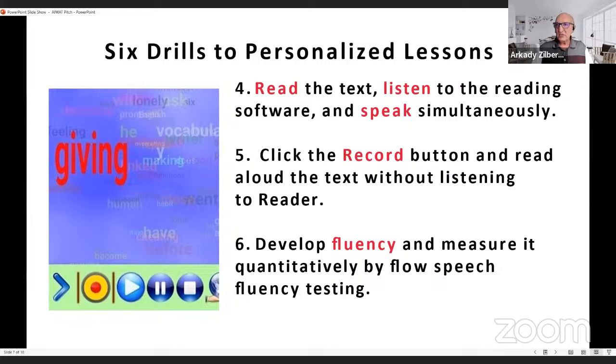The advantage of flow speech fluency testing is that it is the first testing method in the language industry which uses automatic speech. It develops fluency as the ability to speak automatically.